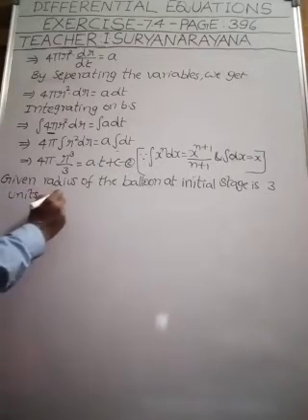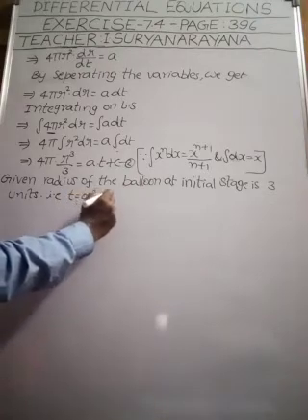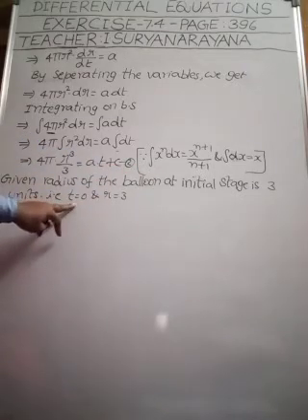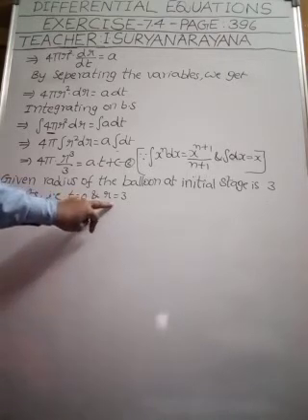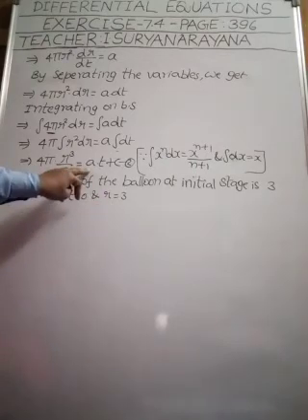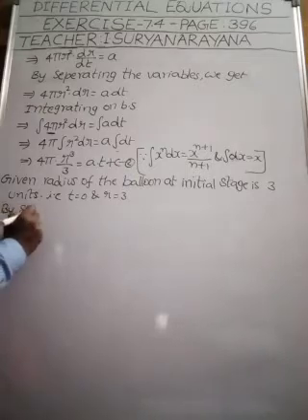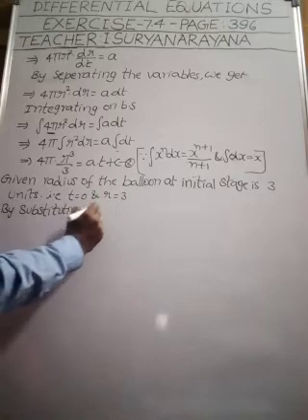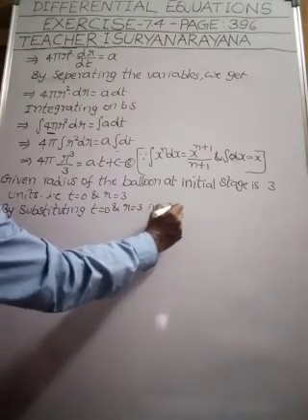That is t is equal to 0 seconds and r is equal to 3 units. Okay, my children, we can write this sentence in this form. Initial stage. So t is equal to 0 and r is equal to 3. Let us substitute these two values in equation 2, by substituting t is equal to 0 and r is equal to 3 in equation 2.